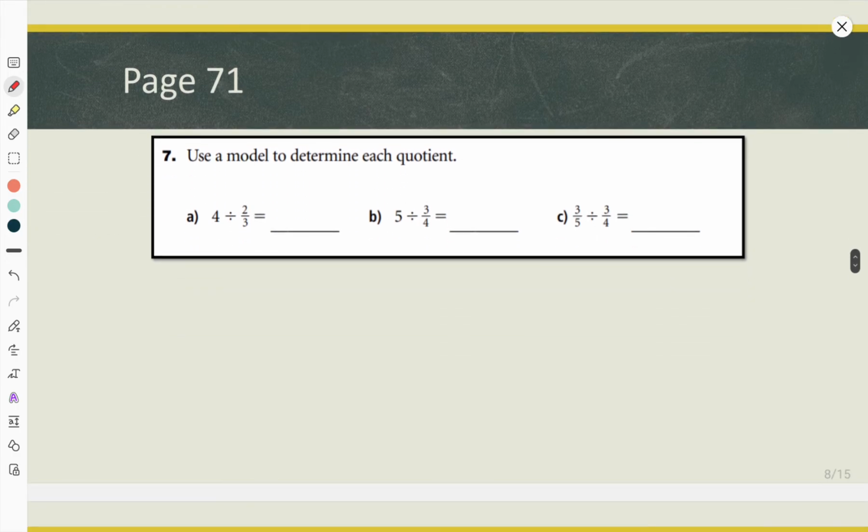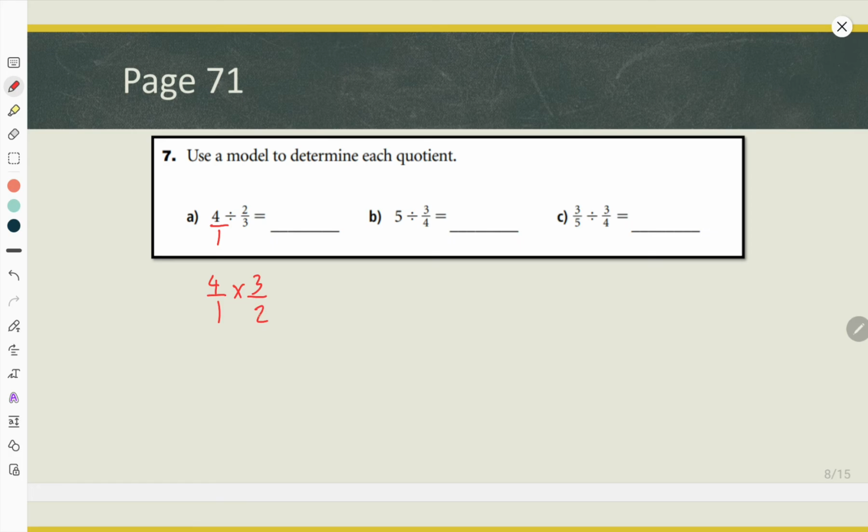All right, now let's go to the next one. Here, guys, when dividing, we are going to find the reciprocal of the second fraction. So 4, you can also write as 4 over 1. So we have 4 over 1 multiplied with 3 over 2. We swap the numerator and the denominator of the second fraction.